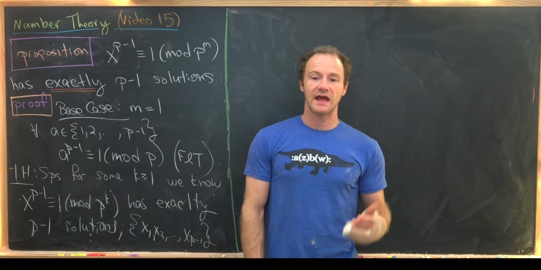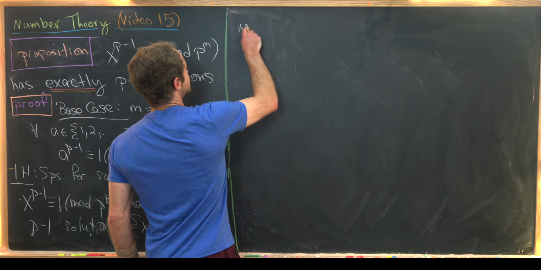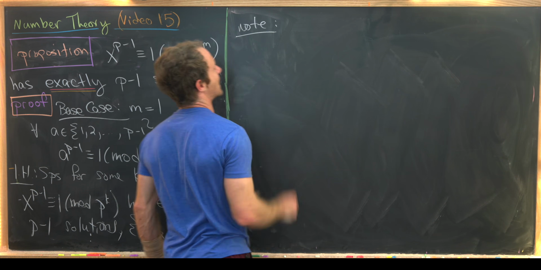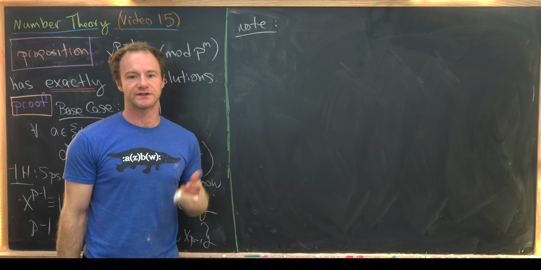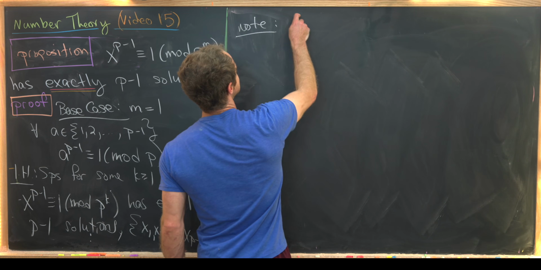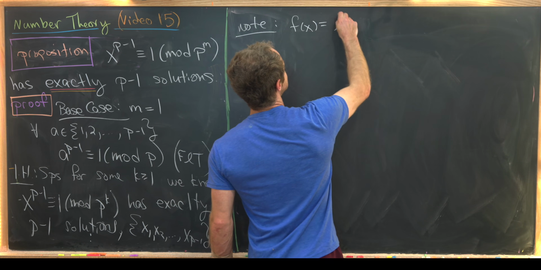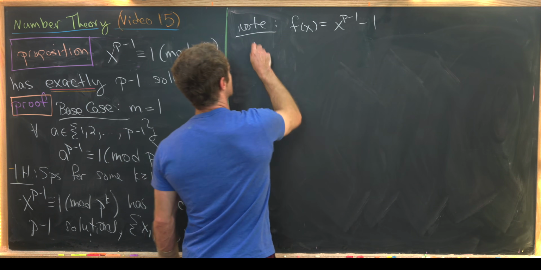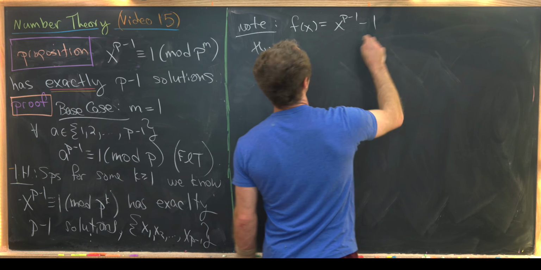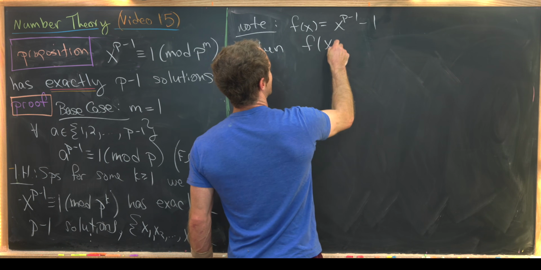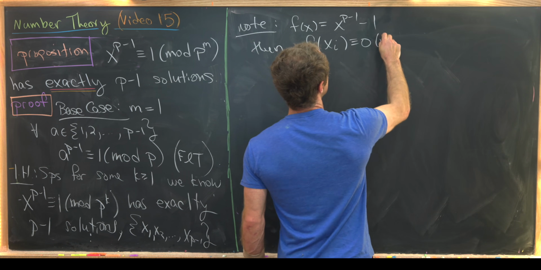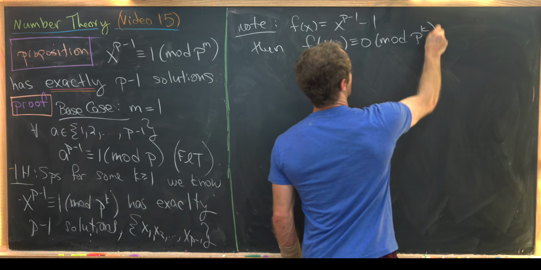Okay, and we also want to notice that the other hypotheses of Hensel's Lemma are also satisfied. So let's notice that if we set f of x equal to x to the p minus 1 minus 1, then, well, first of all, f evaluated at xi is congruent to 0 mod p to the k.